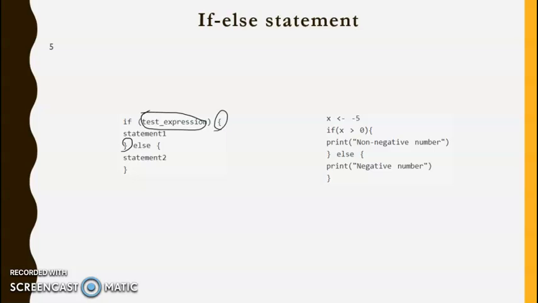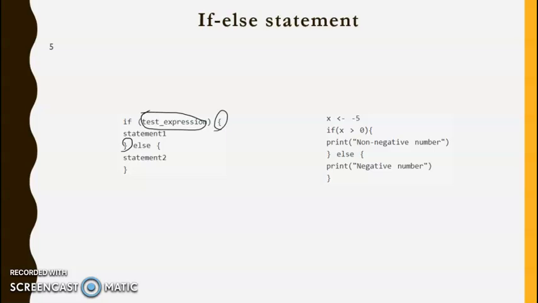Check the example together before we do an activity together. We have x equals minus 5. If x is greater than 0, then print non-negative number, and else print negative number. And that's it. And if you pay attention, we can improve it, my friend, because it says if x greater than 0, print that non-negative number, and else print it is a negative number.